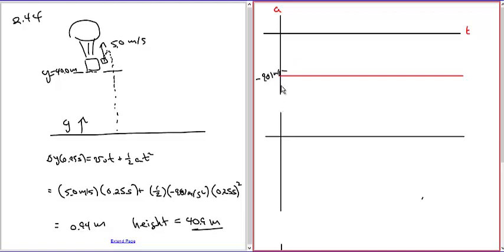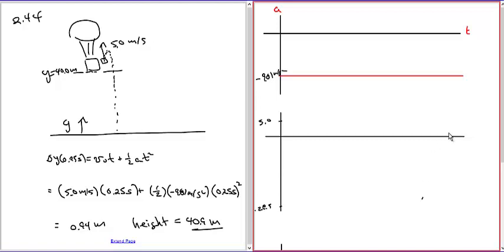Okay, now, so that means that the velocity curve is just going to be one straight line that's at some angle, which the slope is going to be negative 9.8. And we start here at 5, and we come down to negative, whatever we got, negative 28.5.